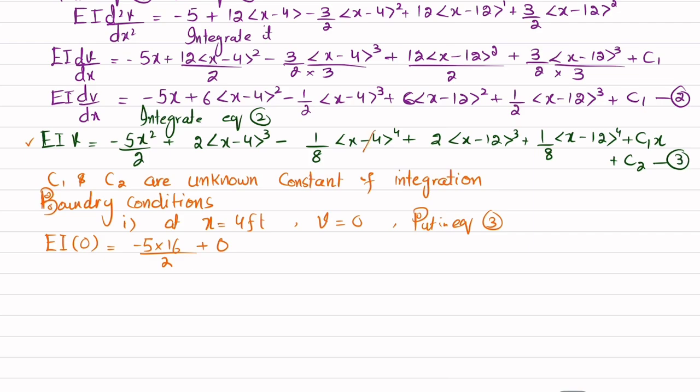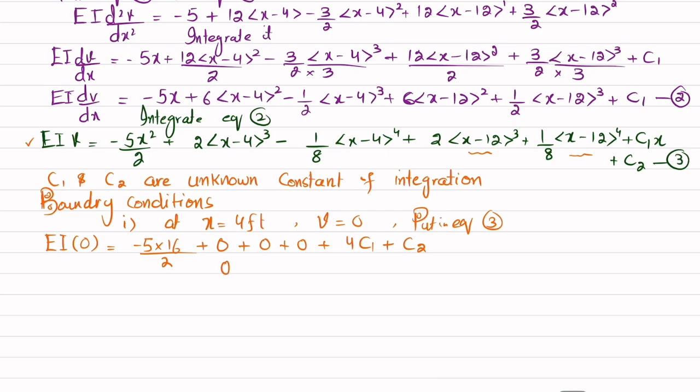This term will also be 0 because 4 minus 4 is 0, plus this term will be 4 minus 12 which is minus 8. So minus 8 in a Macaulay bracket: anything inside the Macaulay bracket that is negative will be considered as 0. So 0, again this term will also be 0, plus C1 into x which is 4C1, plus C2.